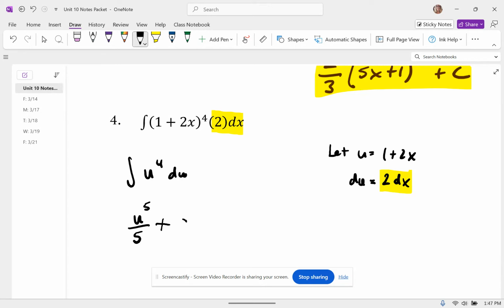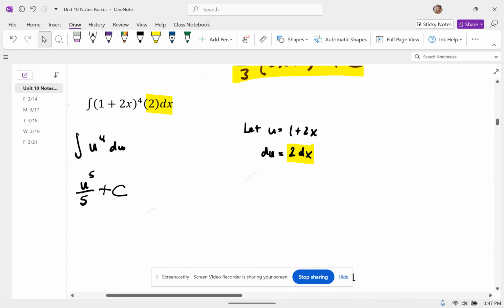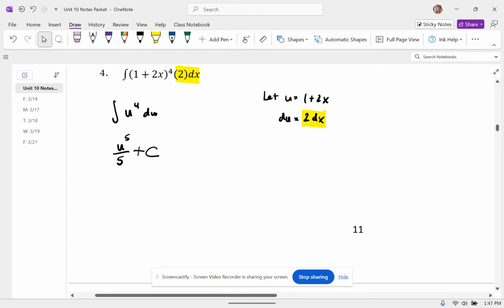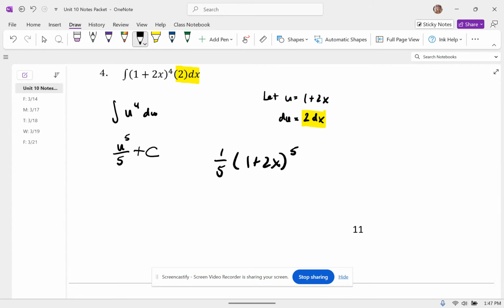Plus C. Connor, go get him. Okay. Now, Jason, can you rewrite this with x's, please? 1 over 5, and then 1 plus 2x all to the 5th power plus Connor. Plus Connor. There he is. He is safe and out of the car.